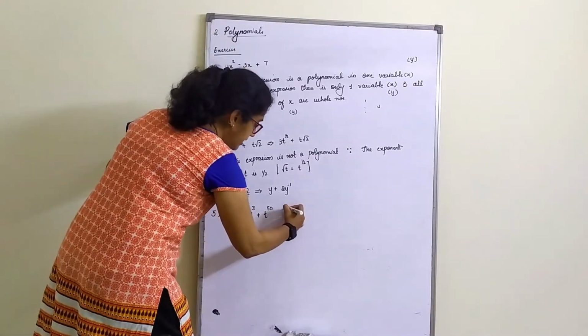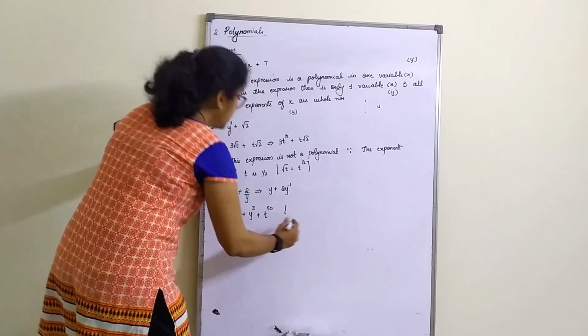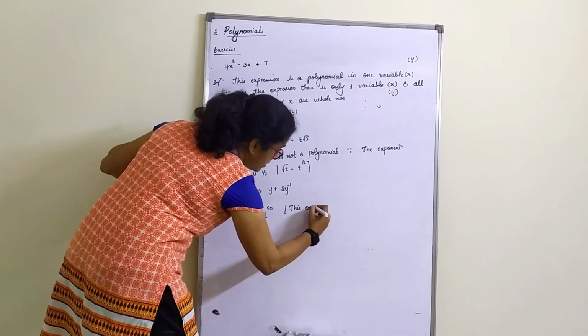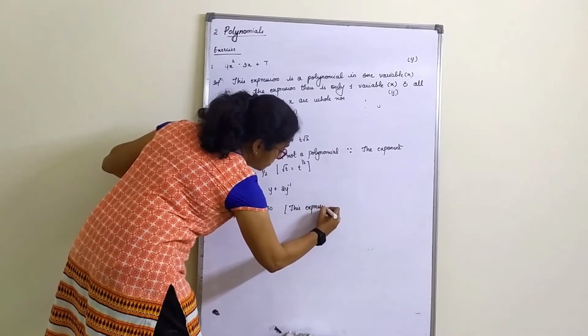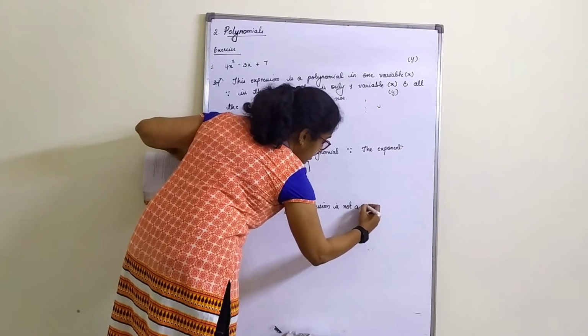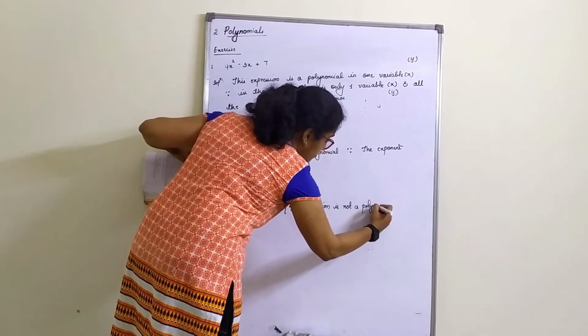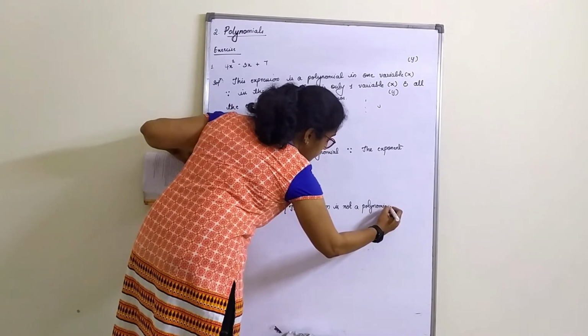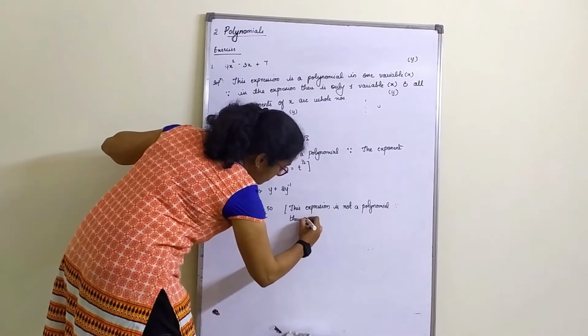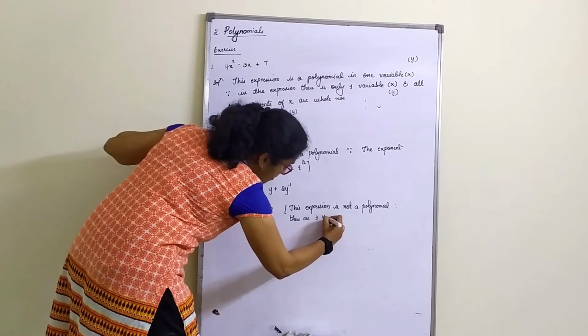I will just write beside this because down there is no space. This expression is not a polynomial because there are 3 variables.